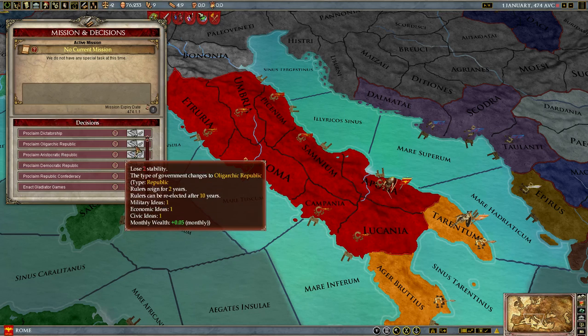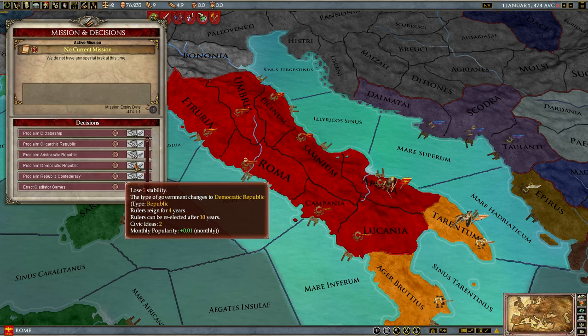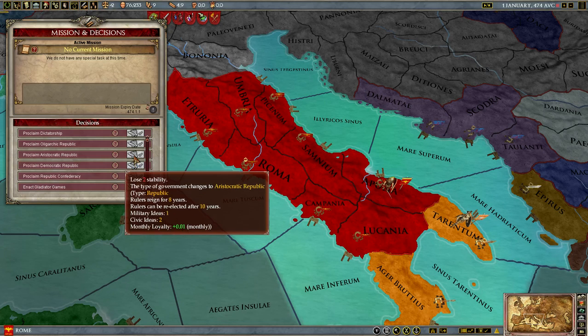They don't have the 3 ideas that the other 3 kinds of republic, military, oligarchic, and aristocratic, have. But they do actually have okay-ish bonuses as opposed to the rest. Monthly loyalty is actually my favorite, and I would recommend an aristocratic republic to everybody, first off.